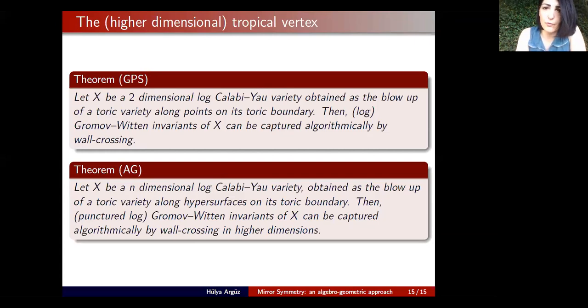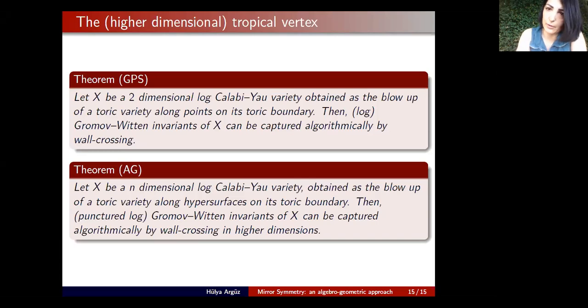And there are words in parentheses that I was not planning to explain a lot, but in 2 dimensions you actually compute log Gromov-Witten invariants. And log means you're interested in a relative theory. It means you're looking at counts of curves with prescribed tangency conditions relative to some divisors.